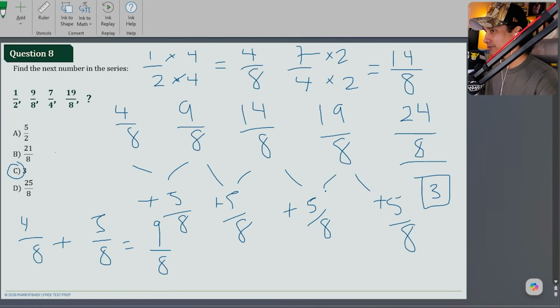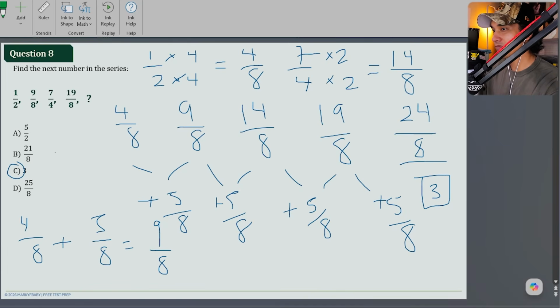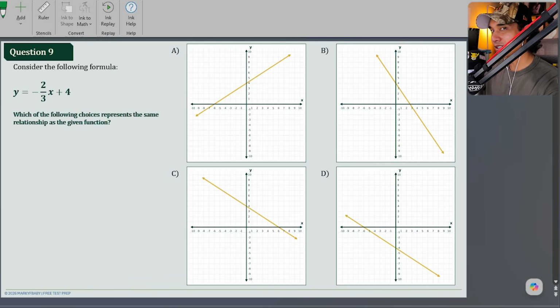All right? The next question, folks. We're moving on to the graphing. Okay, consider the following formula. Y is equal to negative 2/3 x plus 4. Which of the following choices represents the same relationship as the given function? Well, we're going to do what we did on the first question.